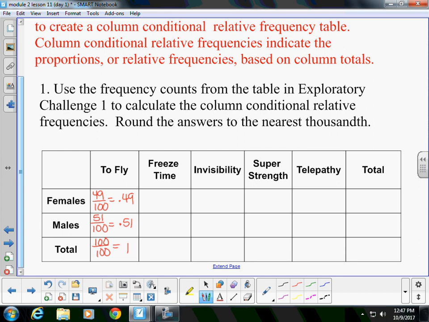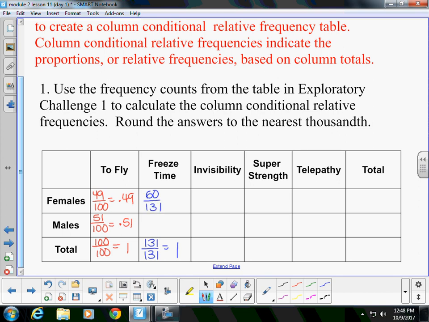Now freeze time, the total is 131. So that means we're going to divide everything in this column by 131. For females, 60 said that freeze time was their favorite, so we'll take 60 and divide it by 131.